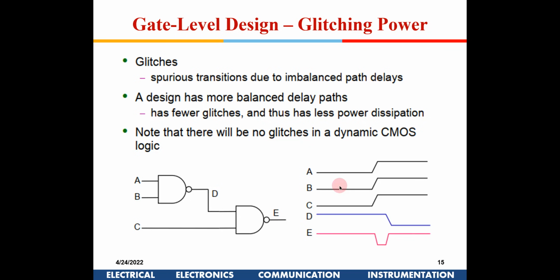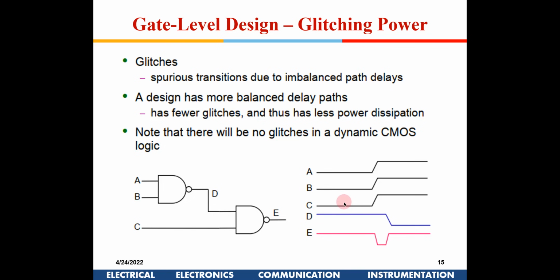Now if you see here, A is going high, B is going high, and C is also going high. Now this D, after a certain propagation delay, is going low, and E is actually high, and then for a small duration it is going low and coming back to high, right?